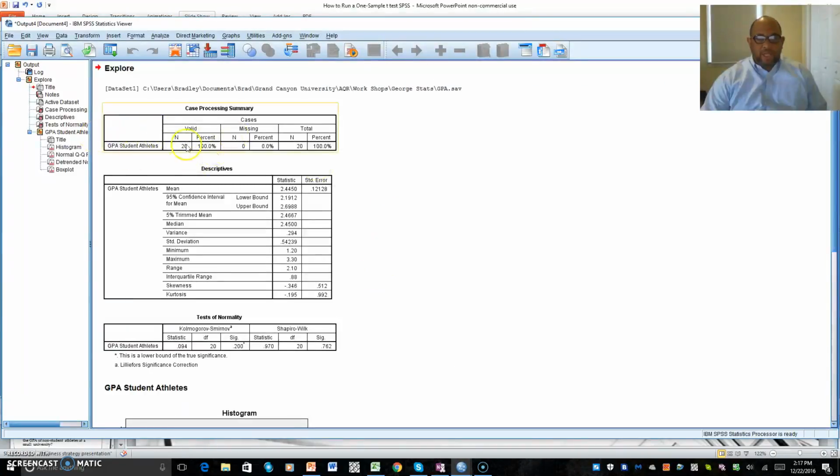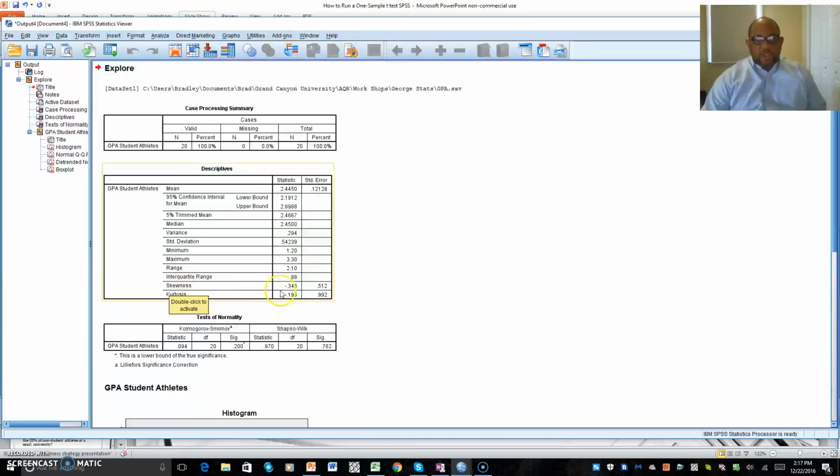Okay, as you can see here, we have descriptive information. If we go down to the descriptive information, two things here can tell us whether this is normally distributed, that our particular sample population here in the means, the sample population.